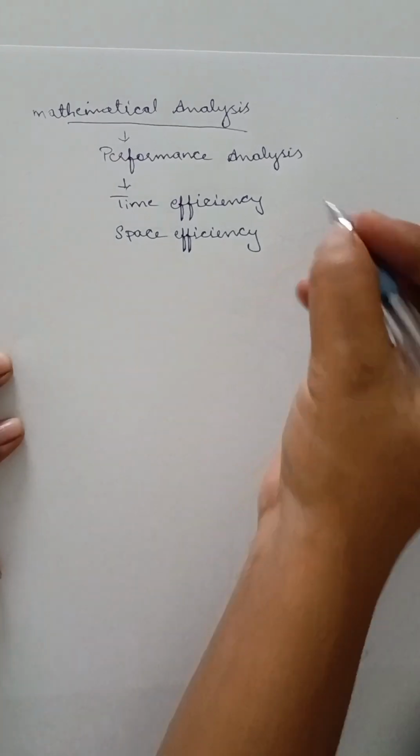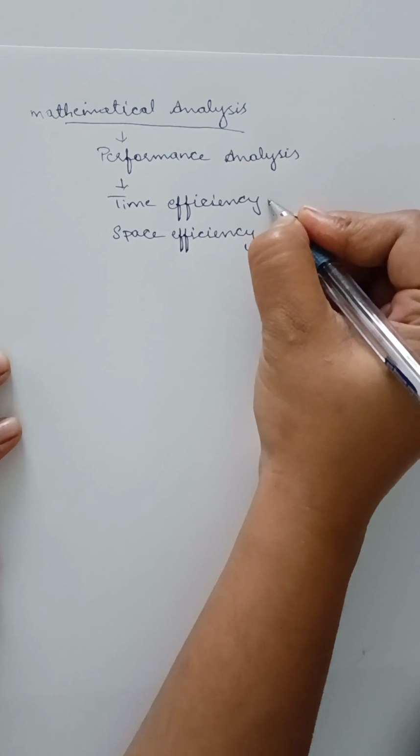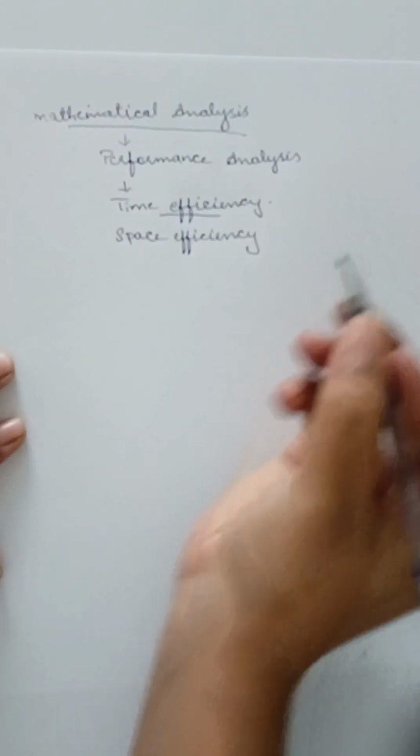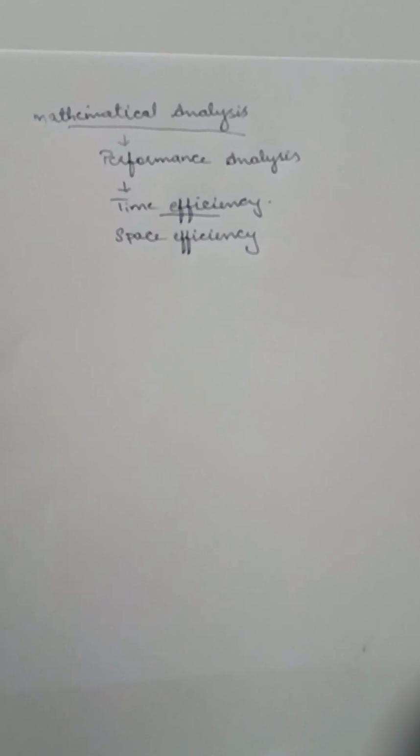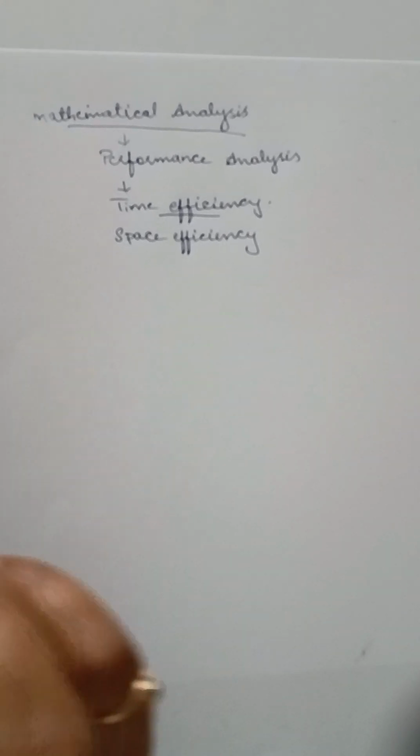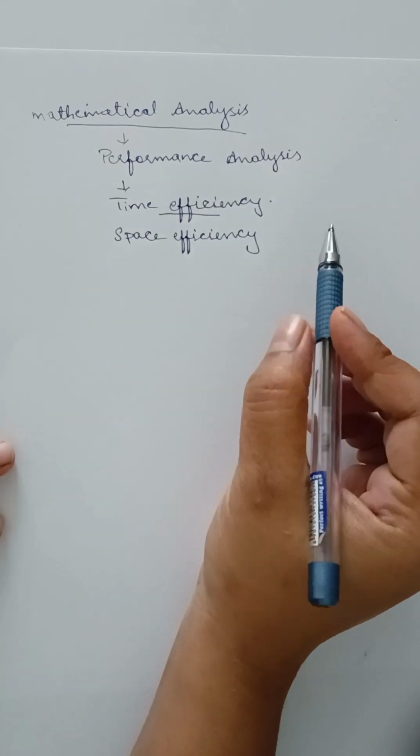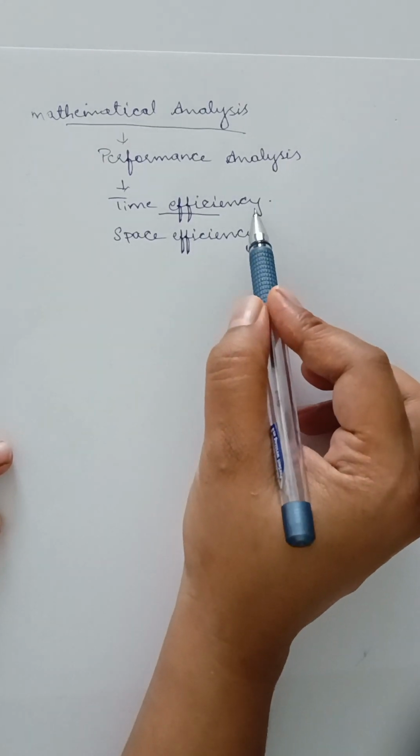First, time efficiency means how much time the algorithm is taking in order to complete the execution. For example, if I'm going with any sorting algorithm or searching algorithm, what is the time the algorithm is taking to complete its execution?